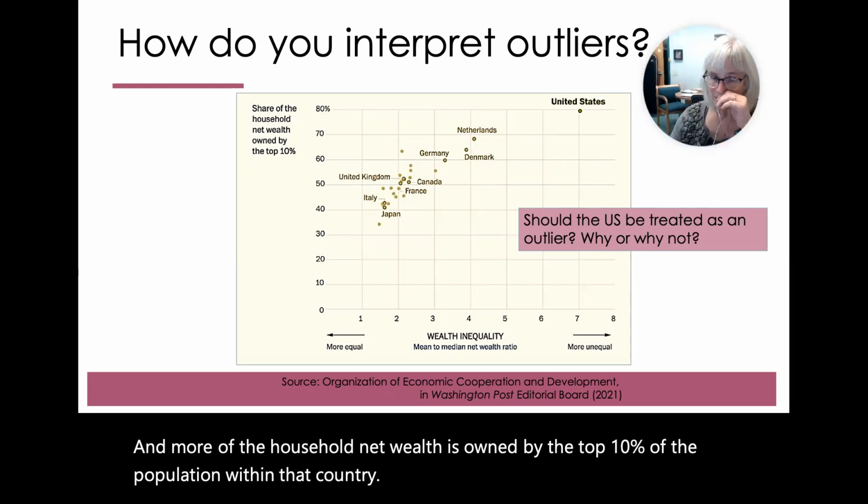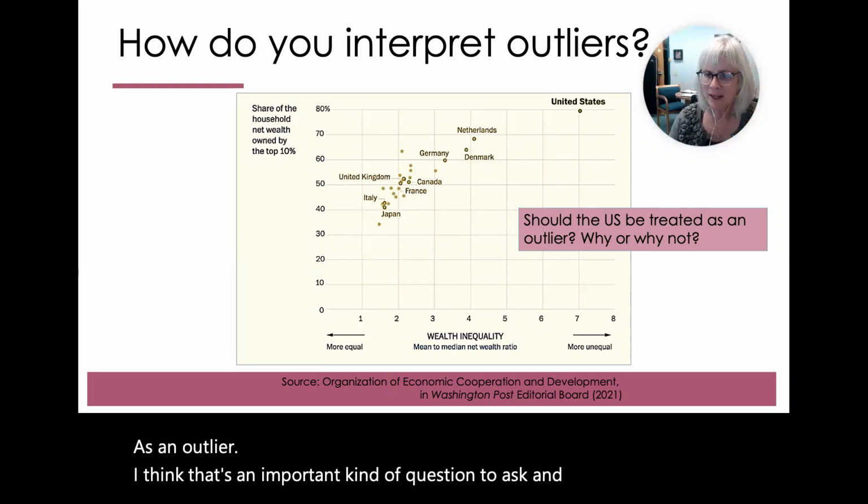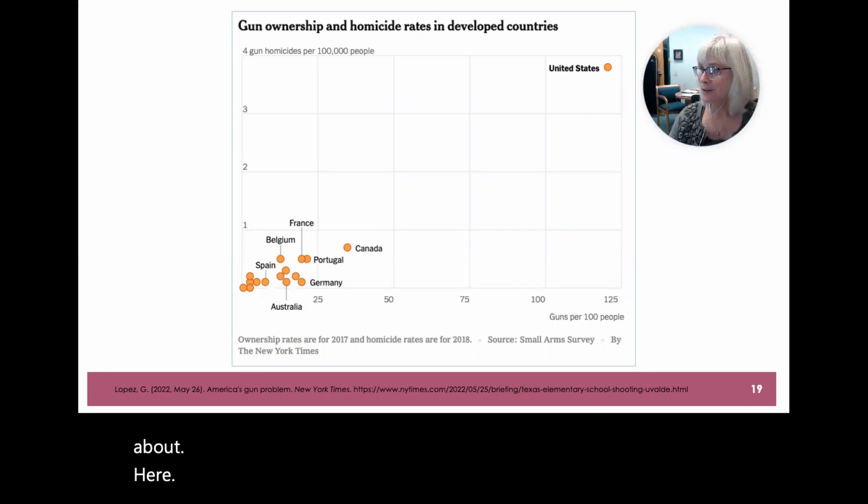In this case, should the US be treated as an outlier? I think that's an important kind of question to ask and to be thinking about. Here, it's perhaps an even more important kind of question to be asking about.